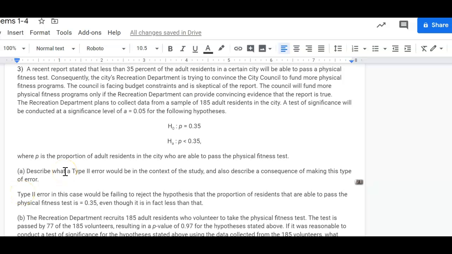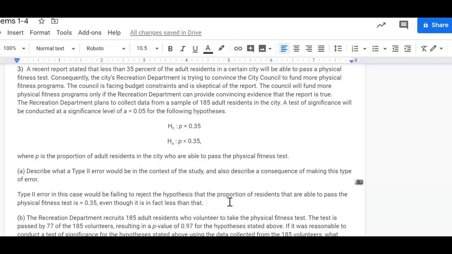Now a potential consequence of that. Remember the idea here is that the recreation department is trying to prove that the proportion of people that can pass a fitness test is less than 0.35, so that they can convince the city council to give them more money, right? Or rather, fund more programs. They're not just trying to take money.